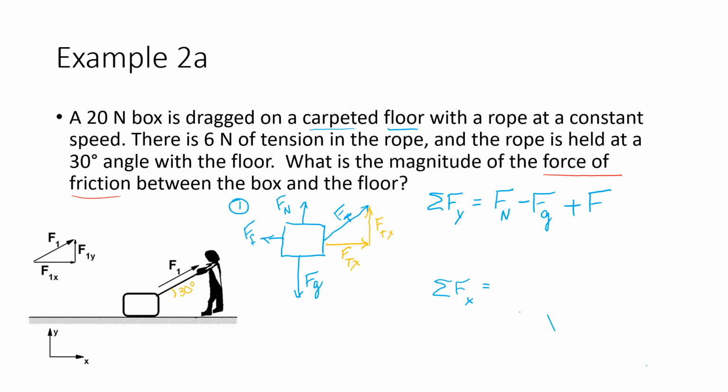I'm just rewriting this because I already had it written as force of tension in my free body diagram. So in the x direction, we have force of tension in the x direction, that component, minus the force of friction. That's our second step. And then what's our third step again?